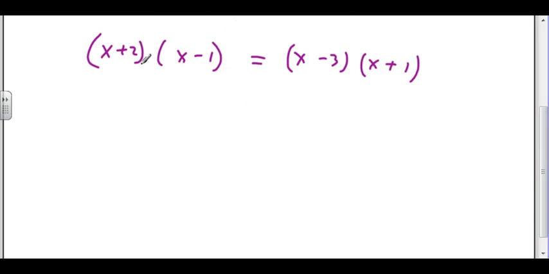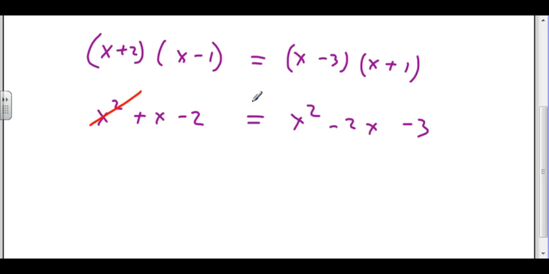All right, so x squared minus x plus 2x, plus x minus 2 is equal to x squared minus 2x minus 3.